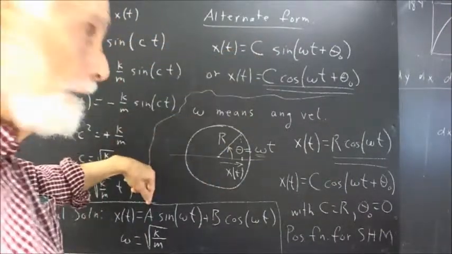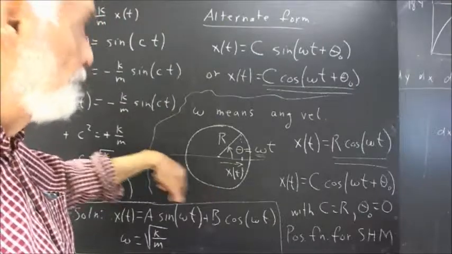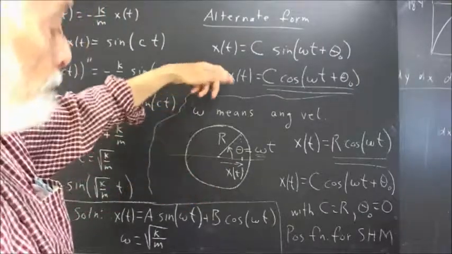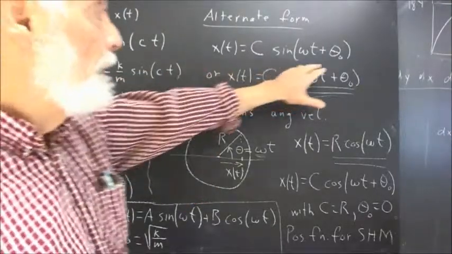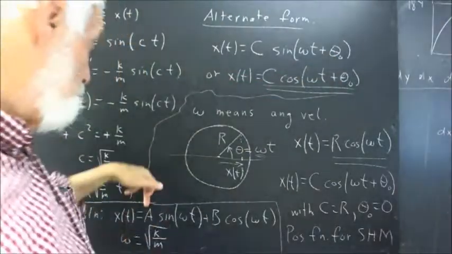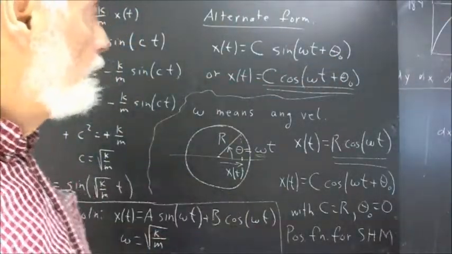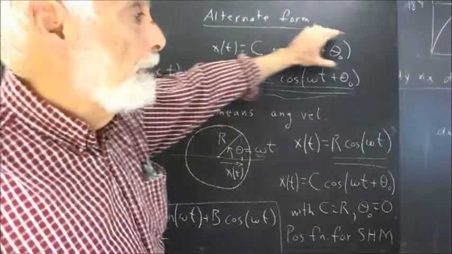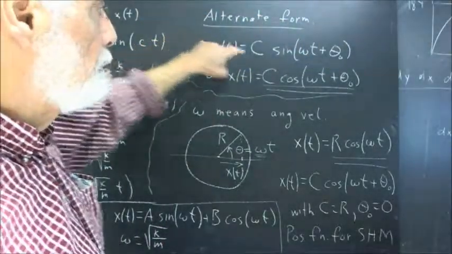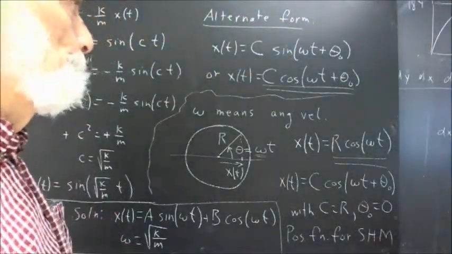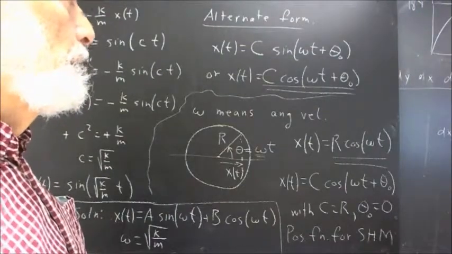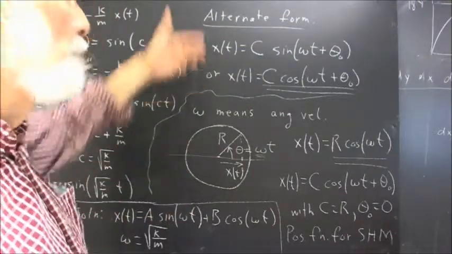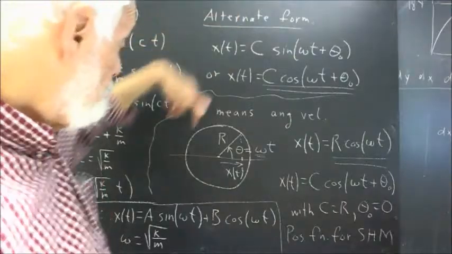C is just related to the relative magnitudes of A and B, and also to an extent to omega. And theta naught, same thing. It depends on A, B, and omega. But we're just talking about typical high school level rules for combining trigonometric functions.